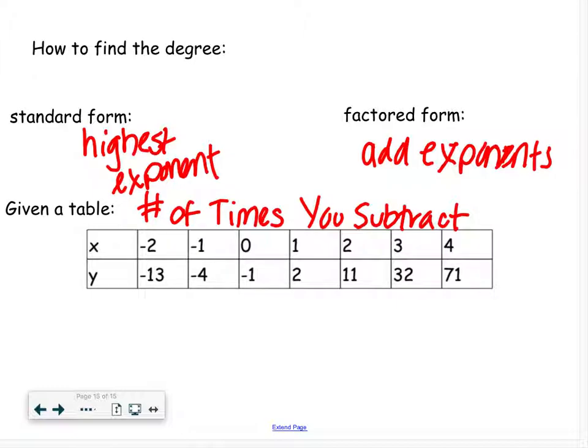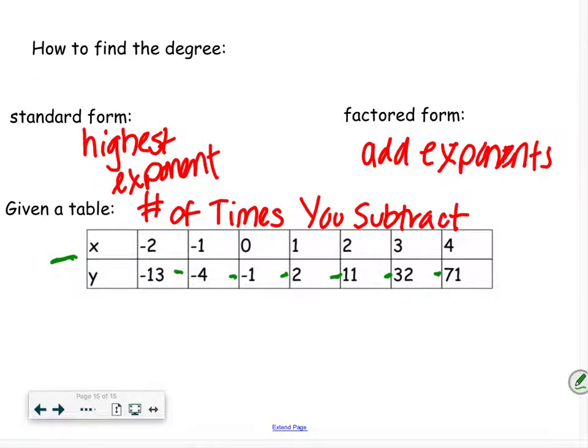Okay. So when we have a table, we want to subtract our y's by the same amount each time. Once we have that, we're done. Always, always, always make sure you are subtracting, no matter what your numbers are. So you can go ahead and put subtraction signs in all these if you want to remind yourself.